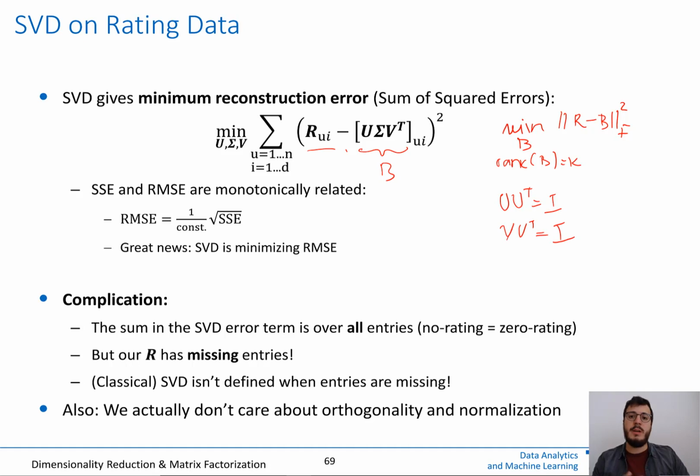So the U and V matrices are orthogonal, but we don't really care about this, right? The only thing we care about is getting a low RMSE, so a low reconstruction error, and imposing these constraints might just be a hindrance. So we'd rather solve this problem unconstrained.